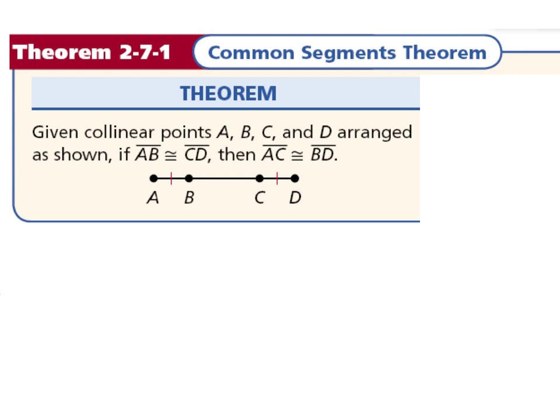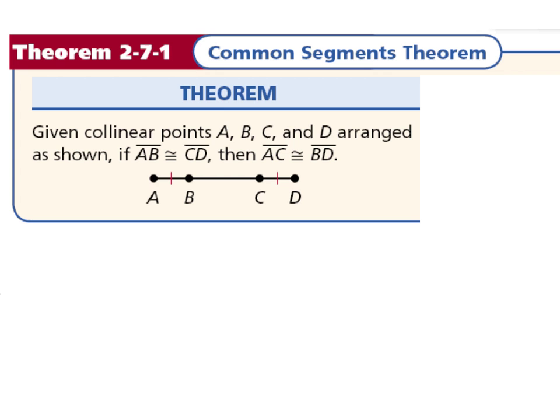All right, this one is called the common segments theorem, mainly because we're adding a common segment length onto both of the ones we start with. So it says you have to have, for your hypothesis, the collinear points like A, B, C, D arranged in that order.